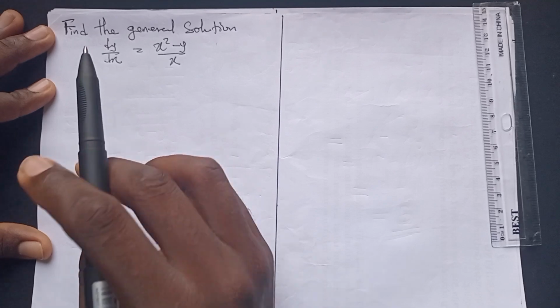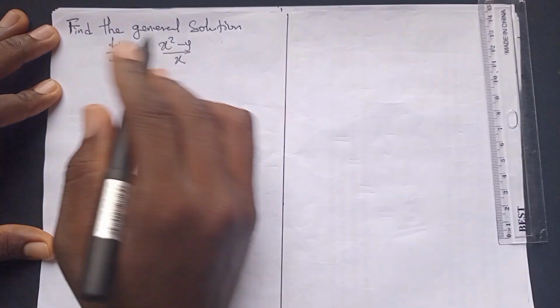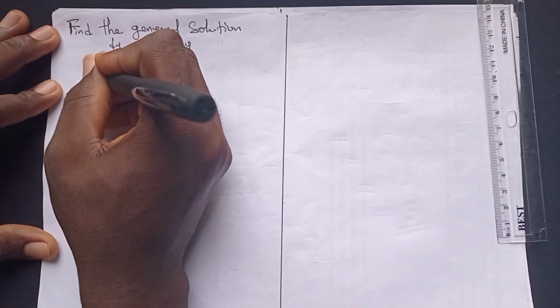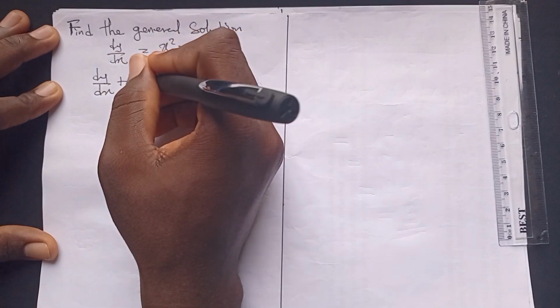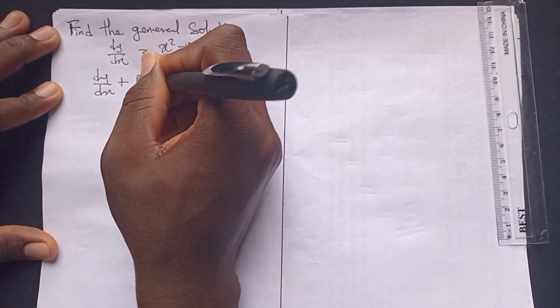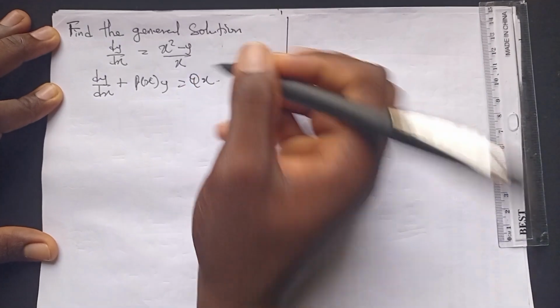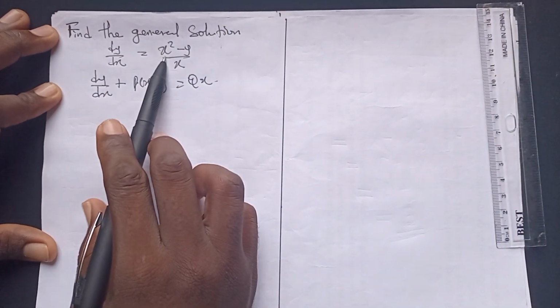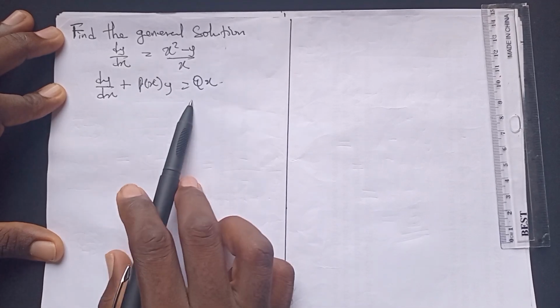Now, from the last class, the first step says to make the equation of this form: dy/dx plus p of x times y equals q of x. So now we have to resolve this equation to be of this form.